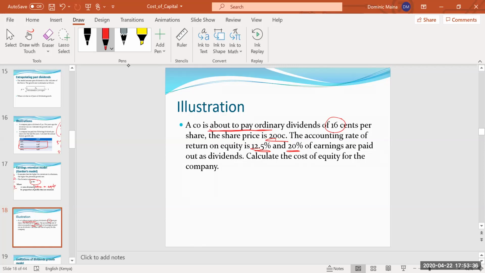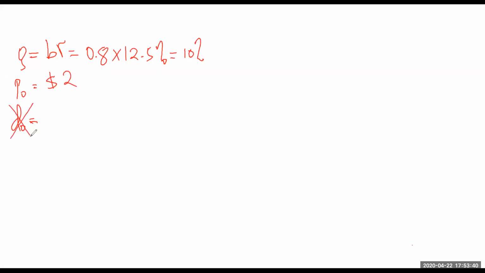Therefore, we go back to our question here. Remember, the dividend you have here is not D naught, it's D1. Therefore D1 is equal to 16 cents. I think you now have all the variables required for us to estimate the cost of equity. Cost of equity is equal to D1, now this is not D naught, it's D1 we have, divided by P naught plus G, the annual growth in dividend.